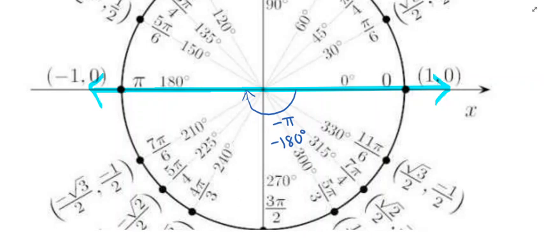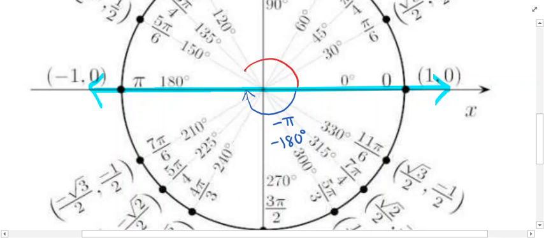This angle is coterminal with positive pi radians or positive 180 degrees. If I started along the positive x-axis and rotated counterclockwise half a circle, I would get to the same terminal side. So this red angle is pi radians or 180 degrees.